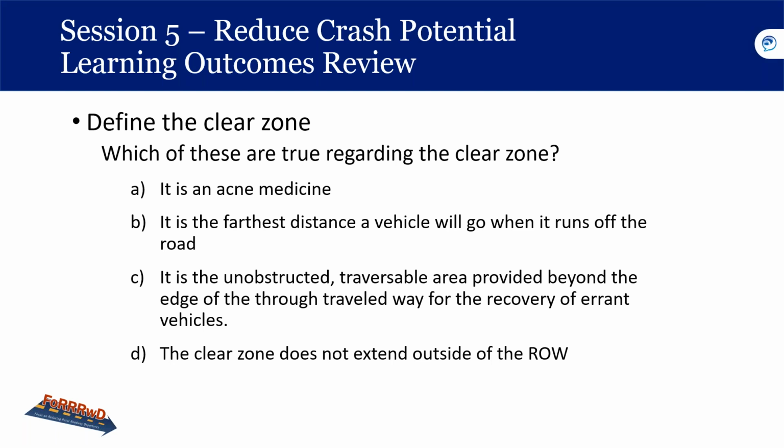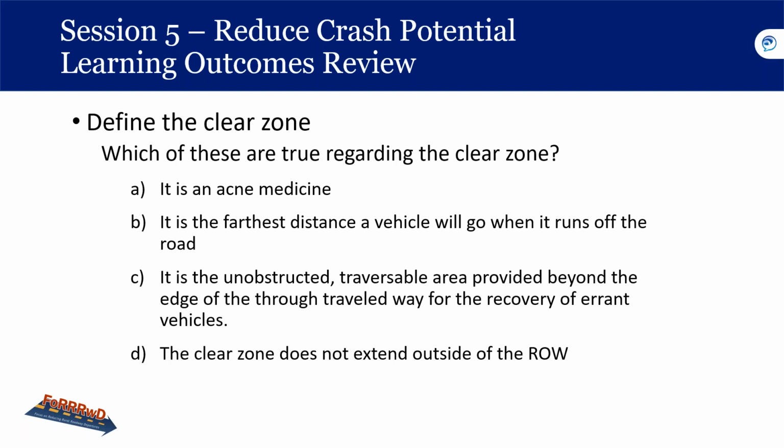Okay, so B is it's the furthest distance a vehicle will go when it runs off the road. C, it is the unobstructed traversable area provided beyond the edge of the through traveled way for the recovery of errant vehicles. Or D, the clear zone does not extend outside of the right of way.